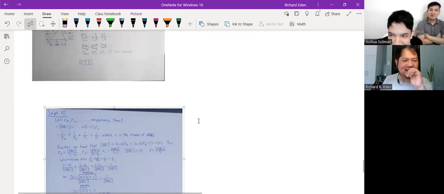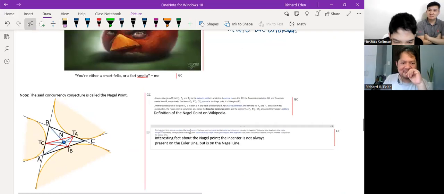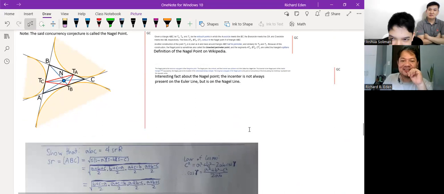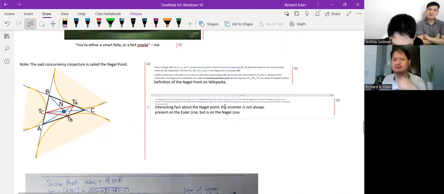Maybe, all right. So this is your research, which is all well and good. It's interesting. I'm sure there are other facts that we may not be aware of. So for example, the incenter is not always present in the Euler line, but it is on the Nagel line.